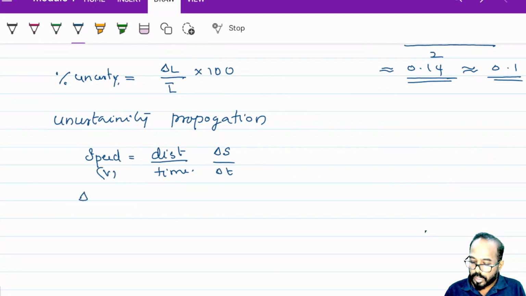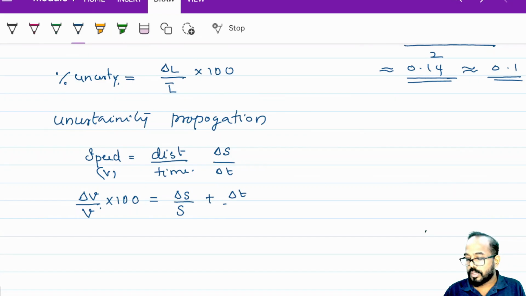The absolute uncertainty in the velocity upon the average value multiplied by 100 equal to, which measurements have you used? Distance, right? So what is the absolute uncertainty in the distance? Delta S upon the mean value of distance plus delta T upon T. Both multiplied by 100, you will get the percentage uncertainty. Understood?